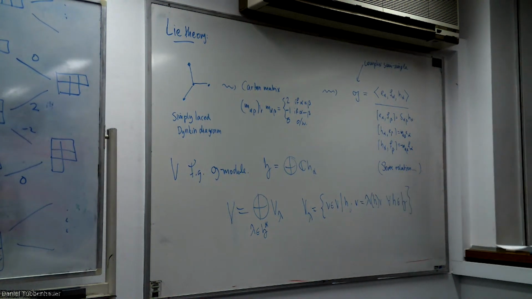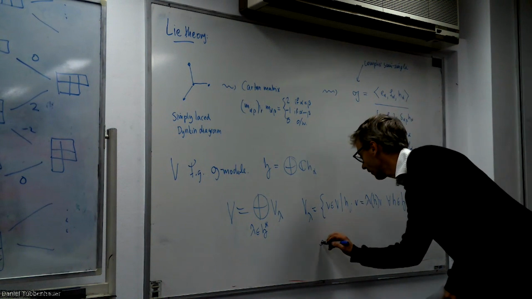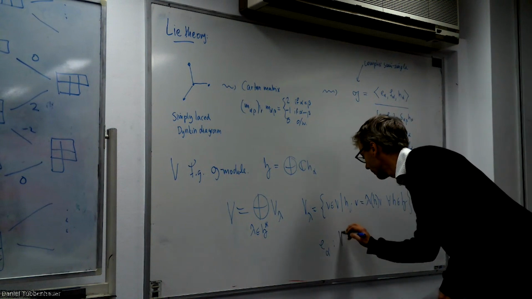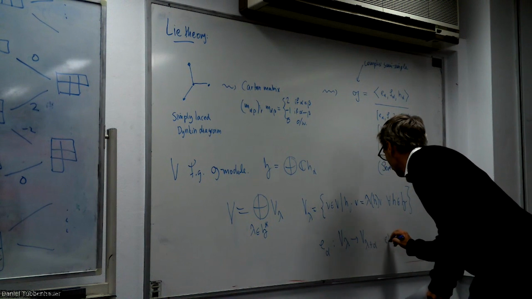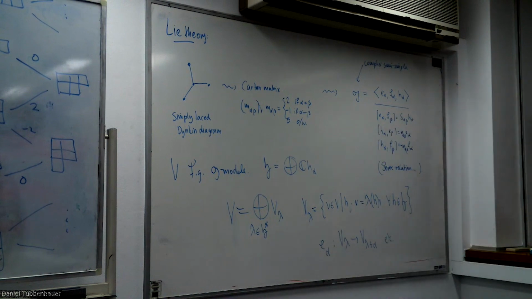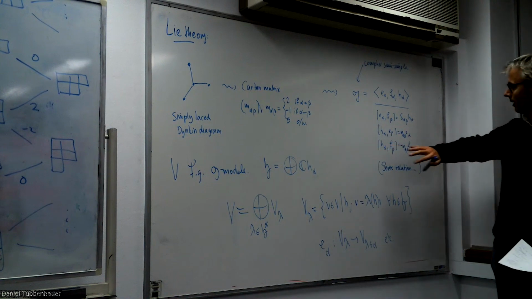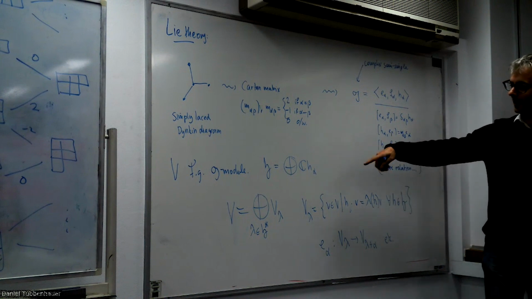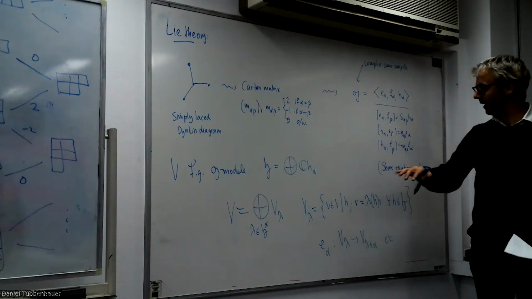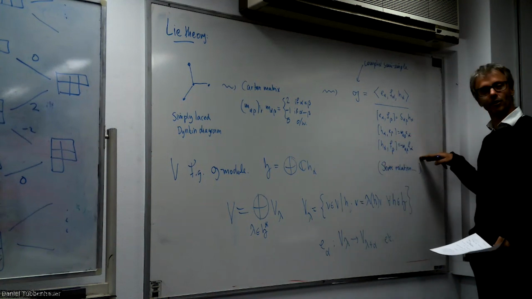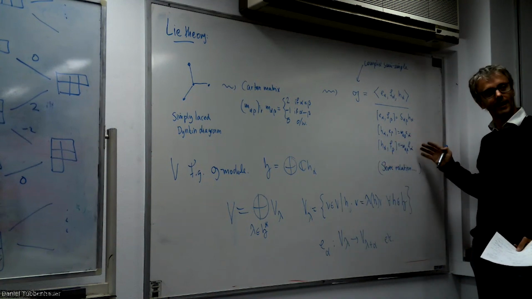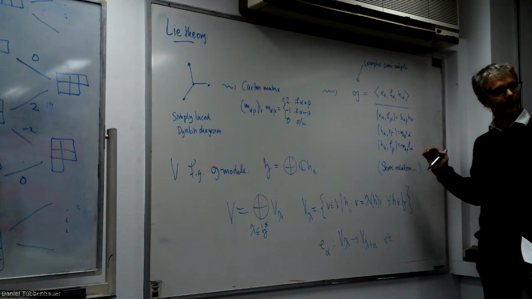The weight space, and then E alpha maps from V lambda to V lambda plus alpha, etc. One thing that I think is remarkable is that if I have a module with operators E alpha, H alpha, and F alpha that satisfy these relations, and it's finite dimensional, the Serre relation is automatic. So in many cases you don't actually need to remember the Serre relation.